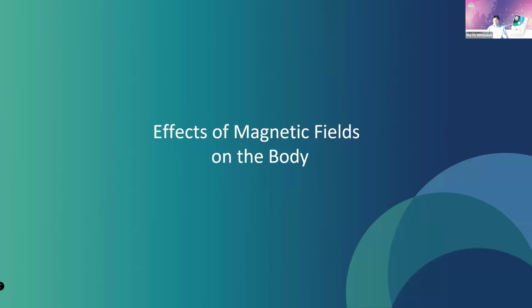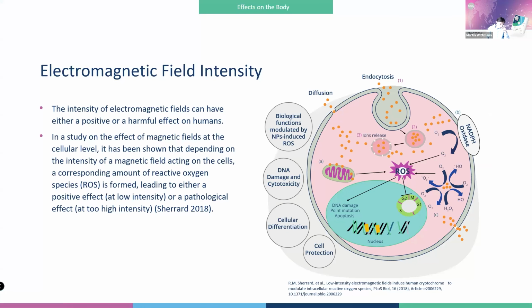Then effects of the magnetic field on the body, which is quite interesting because the intensity of electromagnetic fields can have either positive or harmful effects on humans. So since we're using a very small magnetic field, we of course use all the positive effects. And in the study that we see here, the effects of magnetic fields are on the cellular level.